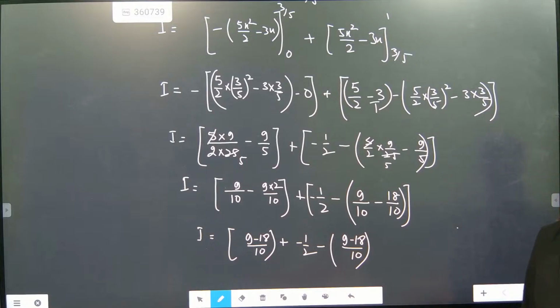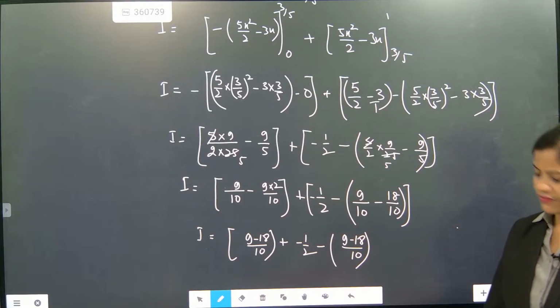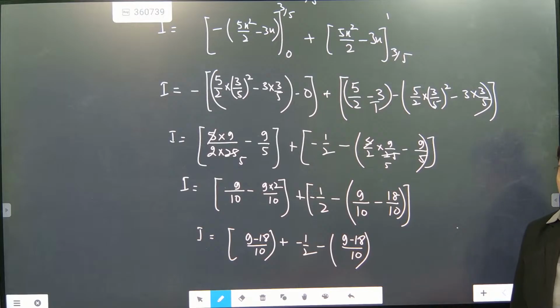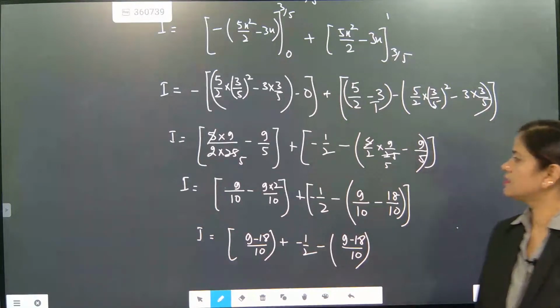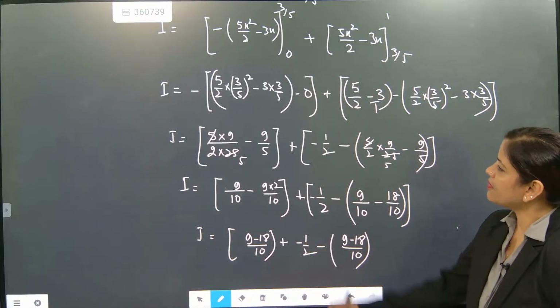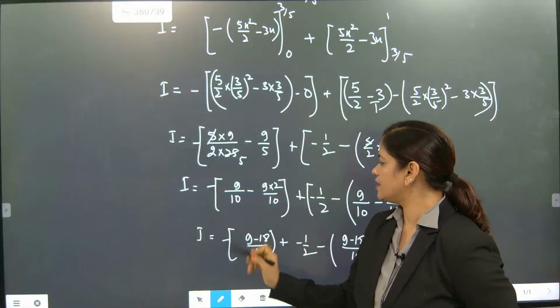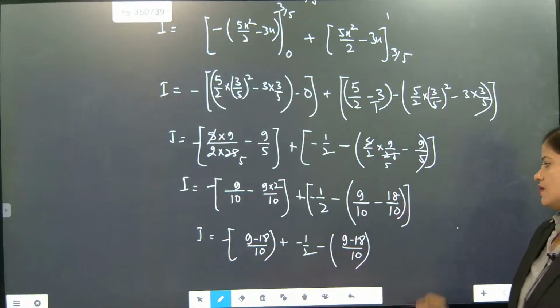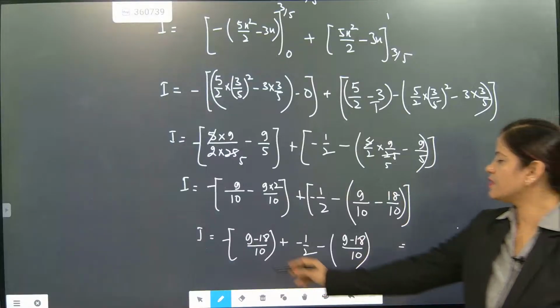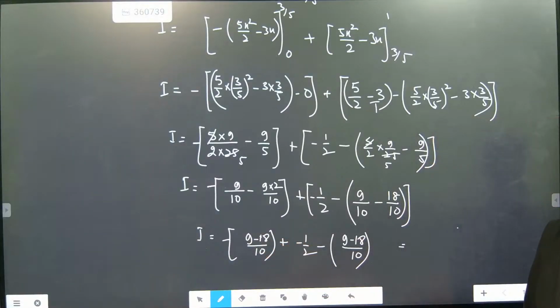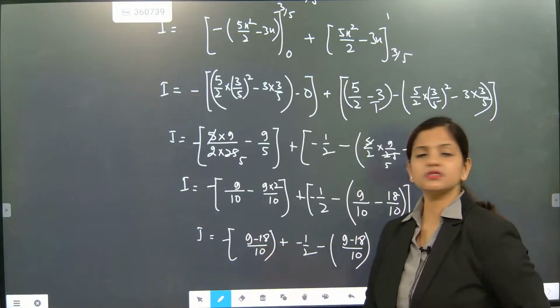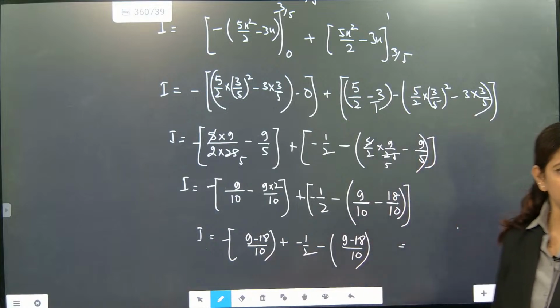9 by 10 minus 9 by 5. There minus is there. You forgot this minus. Here minus, here minus, here minus. It will come, so what will it come? Minus into minus will come. Minus 9 minus 18 will become what? Minus 9 by 10.